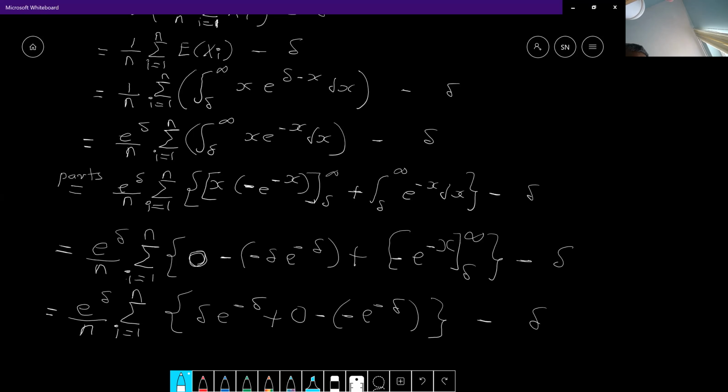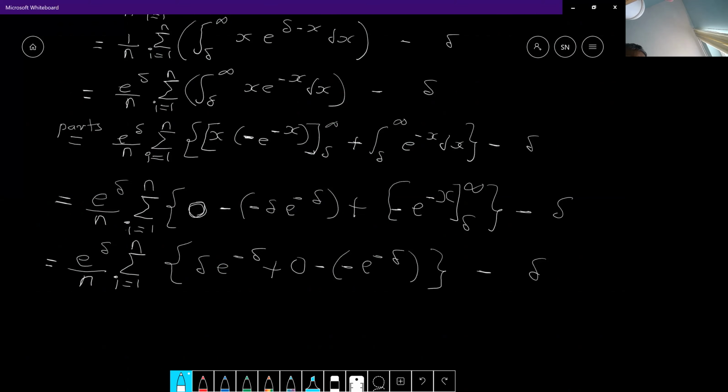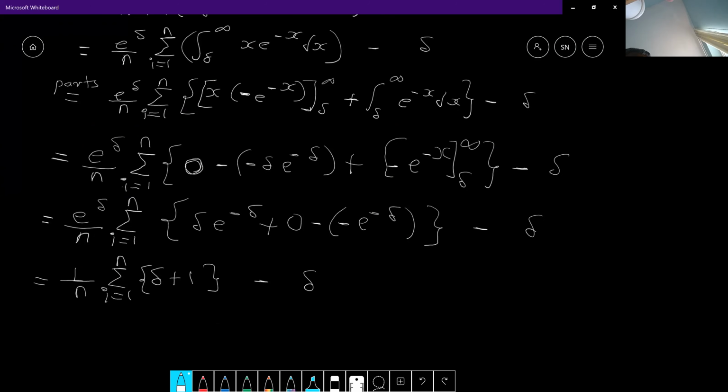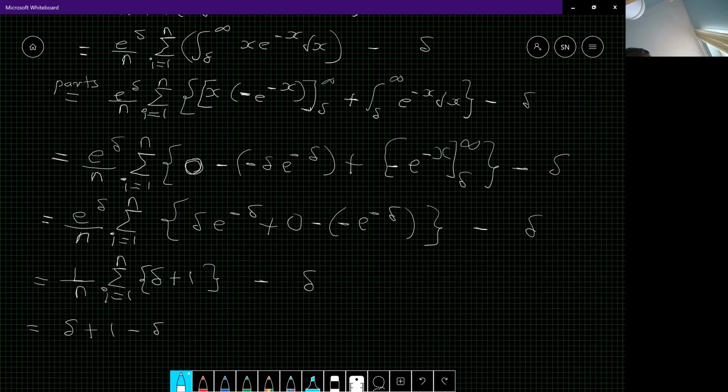Okay, guys. All right, now taking the e to the delta inside, you get 1 over n times the sum of delta plus 1 minus delta. Right, so this is delta plus 1 minus delta, which is equal to 1.